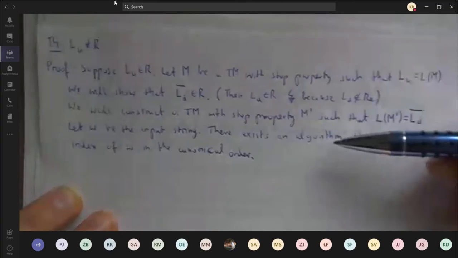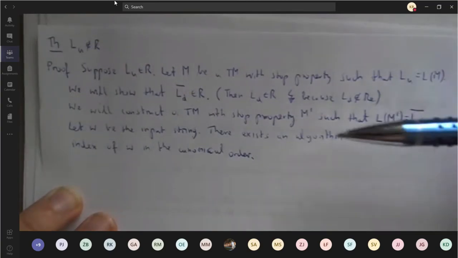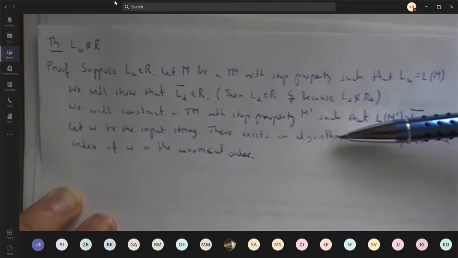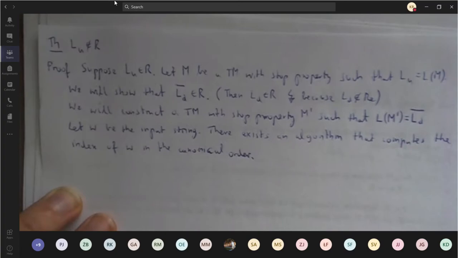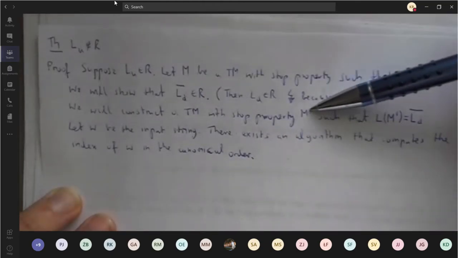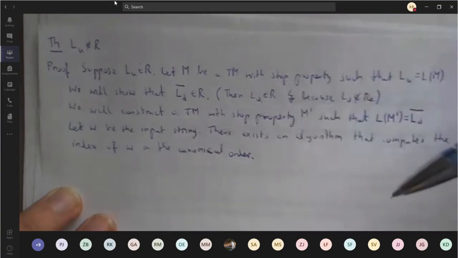For example, this algorithm enumerates all the strings in the canonical order, and for each string compares it with W. So of course this algorithm will eventually find the index of W. So the first thing that M prime does is use this algorithm to find the index of W.